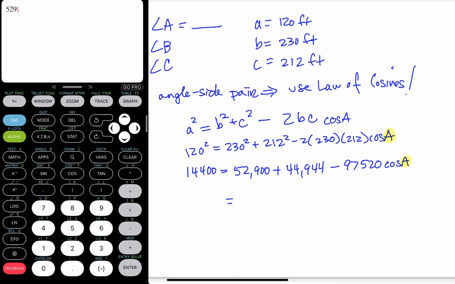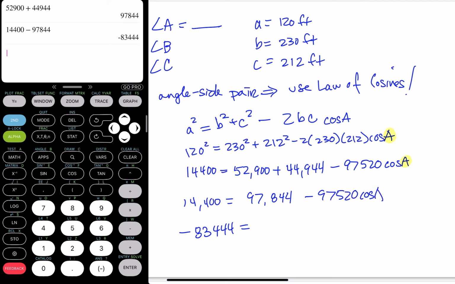So I get 52,900 plus 44,944, and I get 97,844. So now I take 14,400 minus 97,844, and so I get negative 83,444.